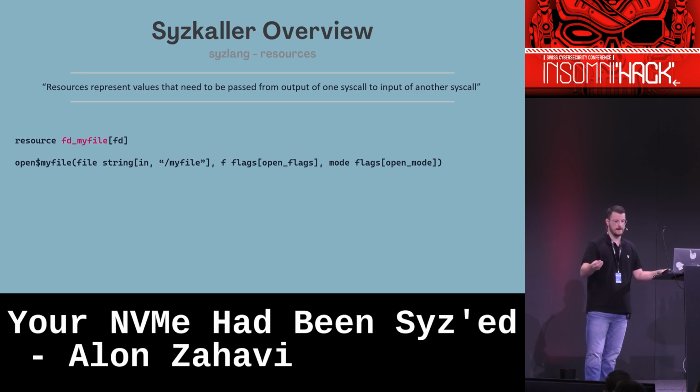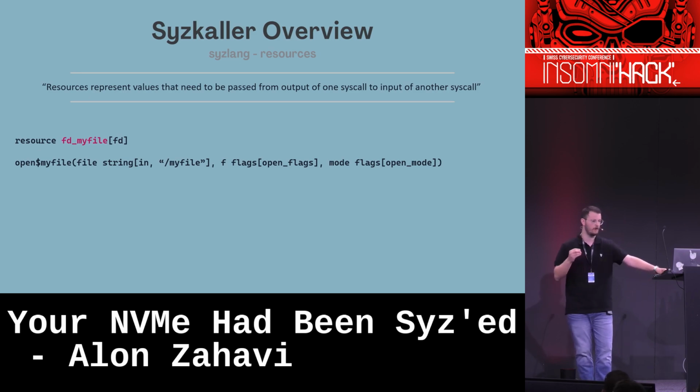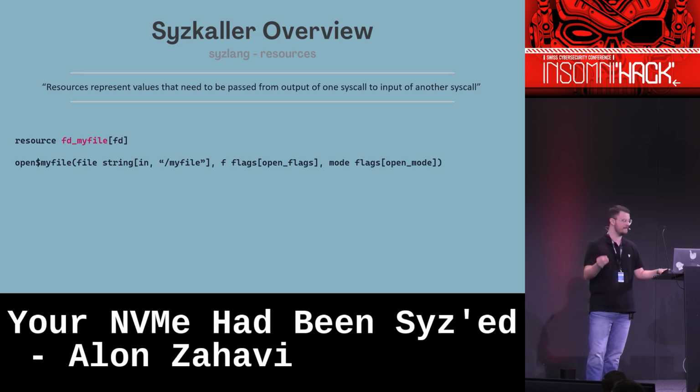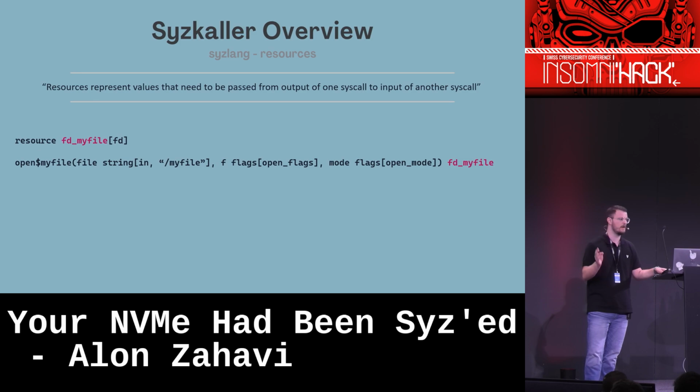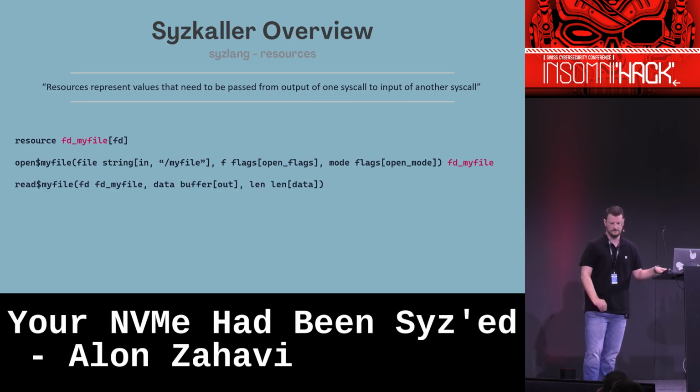And to make the open variant always return the resource fd_my_file, all we need to do is put the resource name one space after the declaration of our syscall variant. So now each time that Syzkaller will use the open my file variant, we know that it will always come back to a resource of fd_my_file.